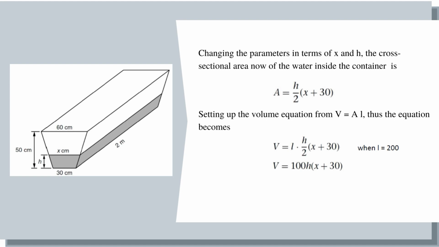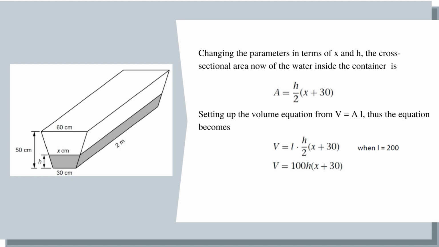So again, 1 meter is equal to 100 centimeters. That makes 2 meters equal to 200 centimeters. So this reduces the equation to volume equals 100 times h times the quantity x plus 30.